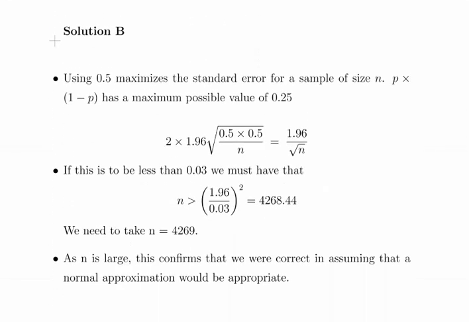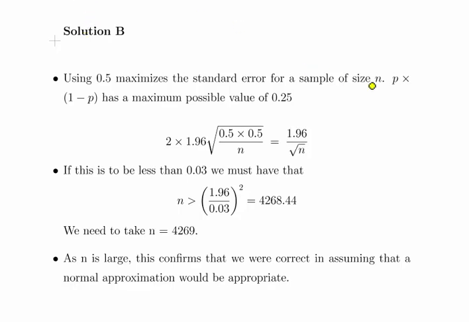Now, with regard to part B, the only difference between part A and part B is that I've taken a different attitude to the prompt we're given of 0.4. What I'm going to do is use 0.5 anyway as the maximum possible, as the value of theta that maximizes the standard error. Okay, this is the key thing here.